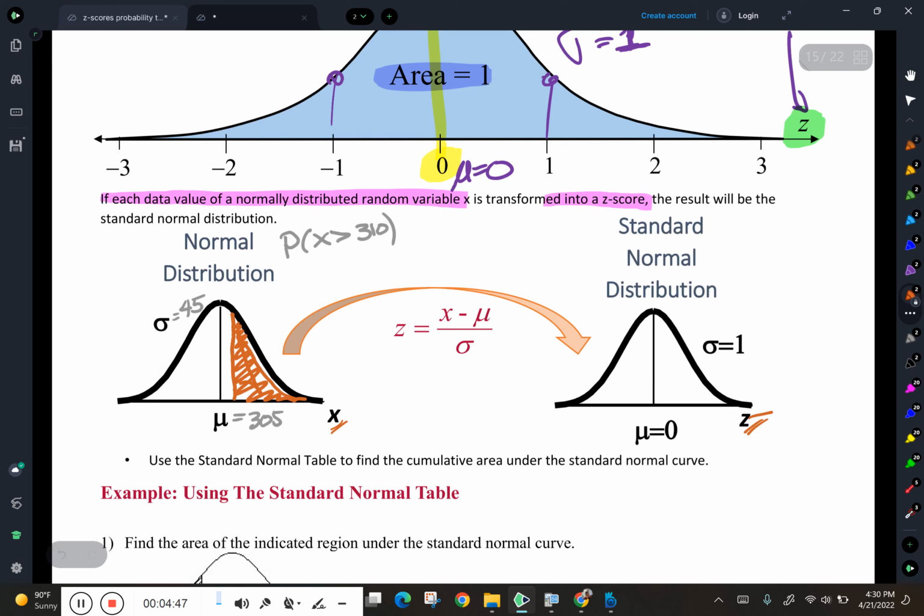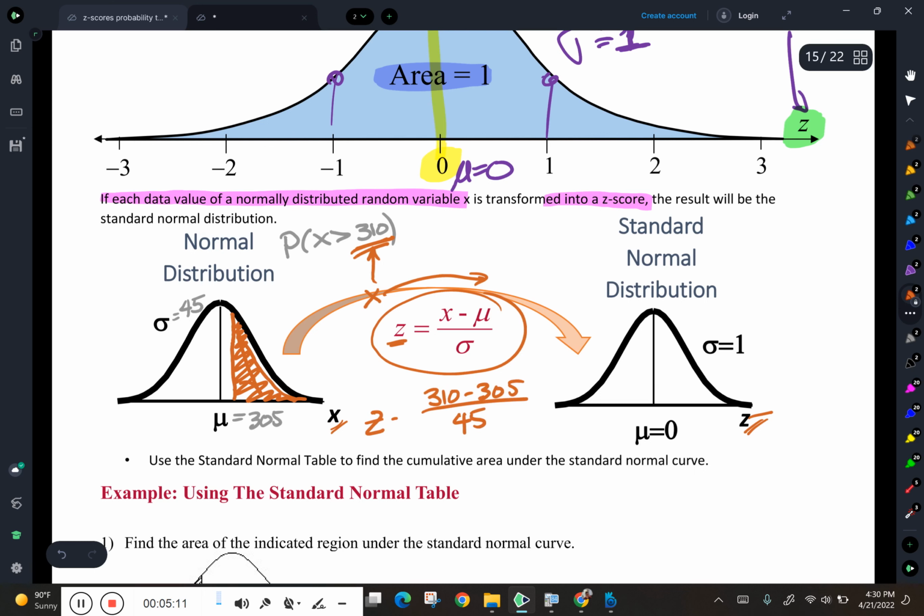I'm going to take my random variable value x and turn x into a z-score. The way I turn x's into z-scores is I use this formula. I'm going to take my 310 minus my mean of 305 divided by my standard deviation of 45, and that's my new z-score.